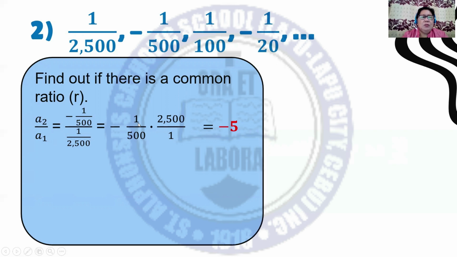If you multiply 1 times 2,500, that is 2,500. Then 500 times 1 is 500. So 2,500 over 500 is negative 5 because we have a negative here. Or if you cancel 500, it will still give you negative 5.